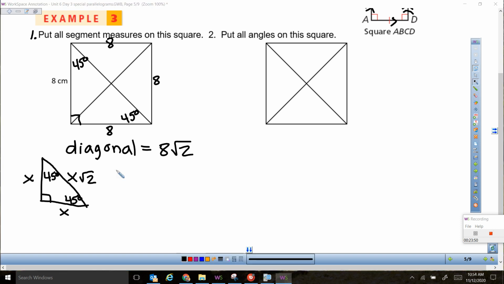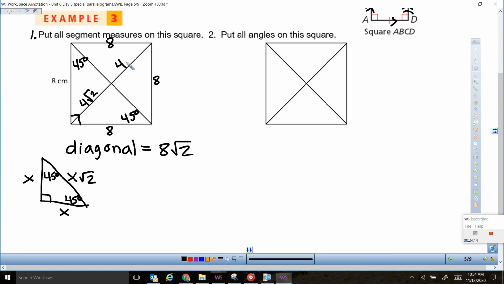But the diagonal is split up. What do I know about the diagonals for parallelograms? They bisect each other. So if the whole diagonal is 8 square root of 2, I need to cut it in half. So what's half of 8 square root of 2? 4 square root of 2. So that means this piece is 4 square root of 2.